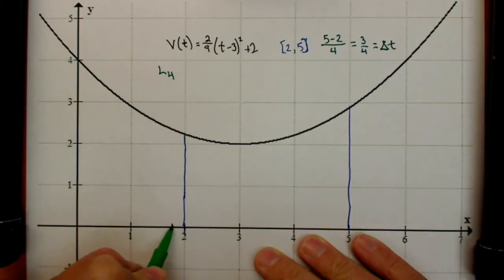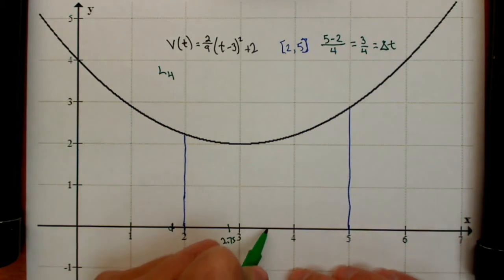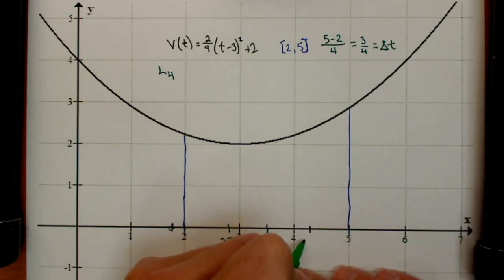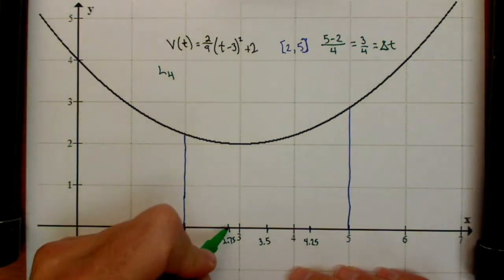So we want to break these up into 3/4. Right here, we're starting at 2. Going another 0.75, this is 2.75. Another 0.75, and this is 3.5. Going another 0.75, here we got 4.25, and then to 5. So these are where we build our rectangles.